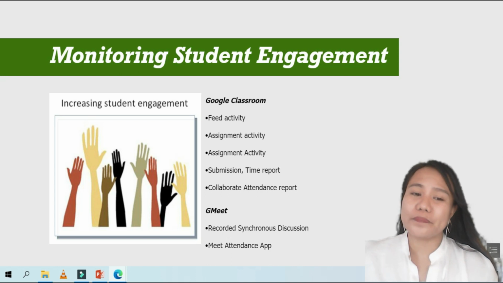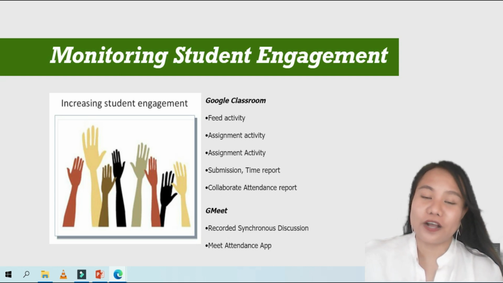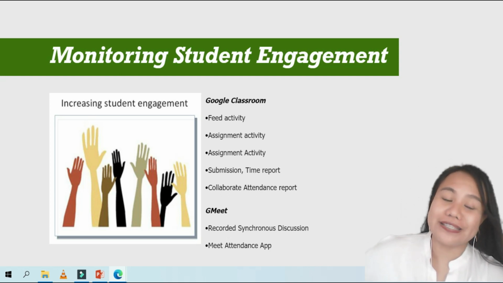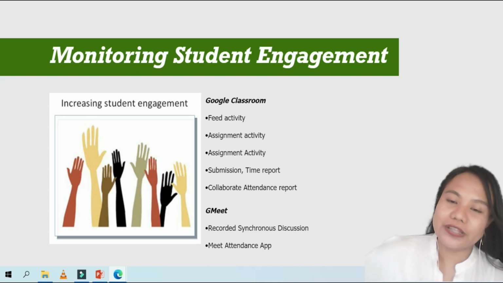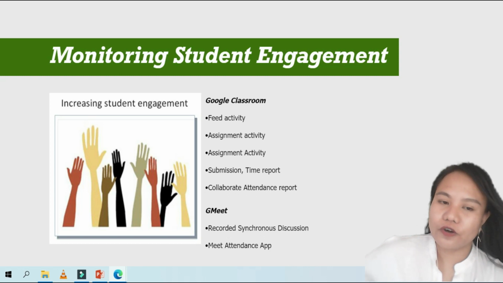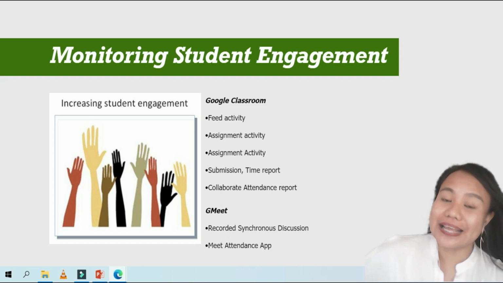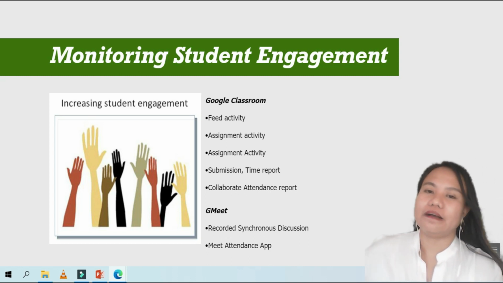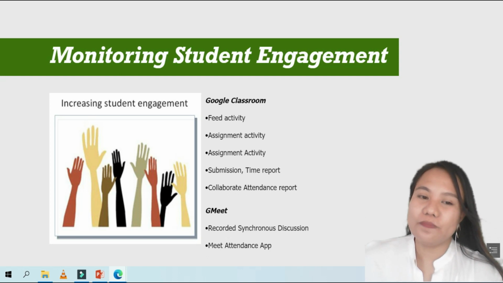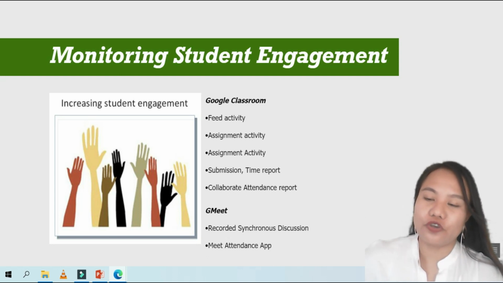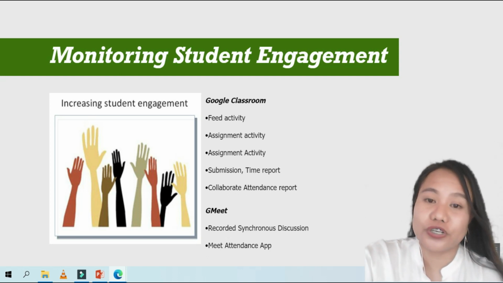I also utilize the Google Meet attendance for my synchronous class. Every time we have our meeting, we use the G Meet attendance app, which you can download online. It can record the attendance of your students.